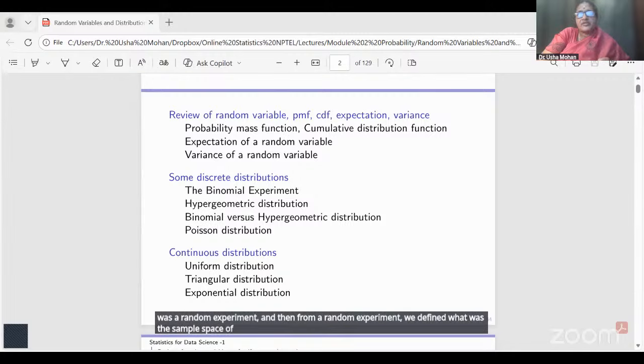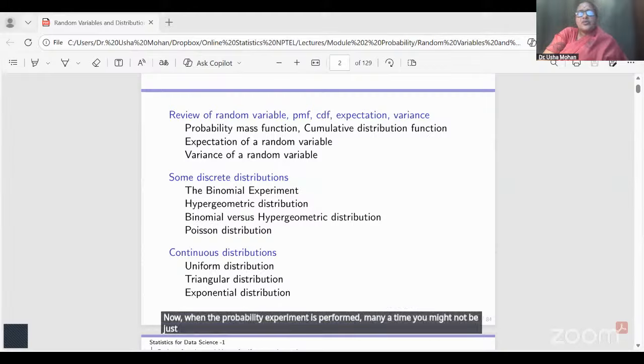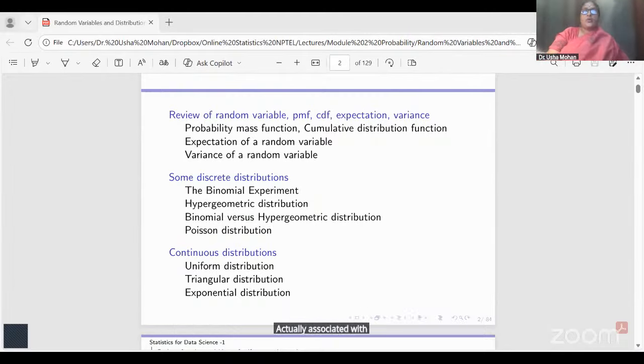Now, when a probability experiment is performed, many a time you might not be just interested in knowing the outcome, but you might want to know something about a numerical quantity that is associated with that outcome. What do we mean by that?